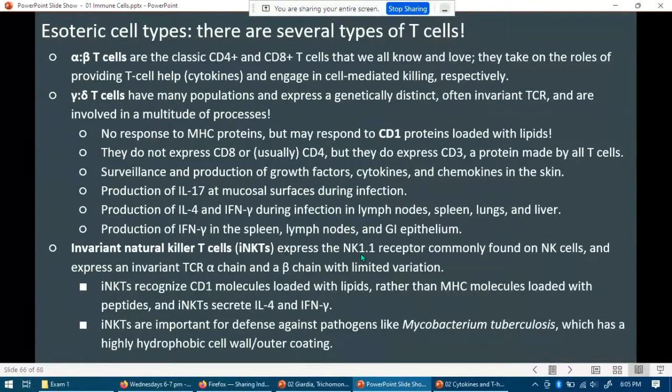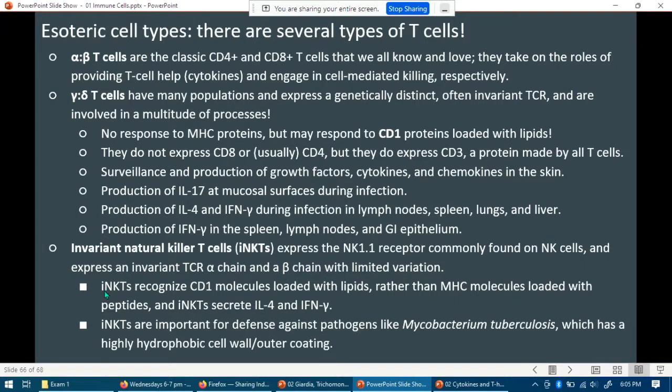They express a receptor called NK1.1 that is found on natural killer cells, and they express an invariant T cell receptor alpha chain. So every invariant natural killer T cell has the same alpha chain for its T cell receptor, and a beta chain that has very limited variation. So this tells us that they respond to probably similar molecules, right? They have a very limited repertoire of antigens that they can respond to.